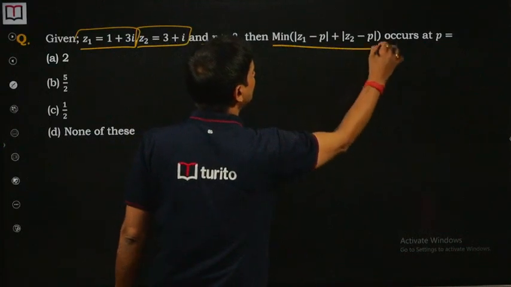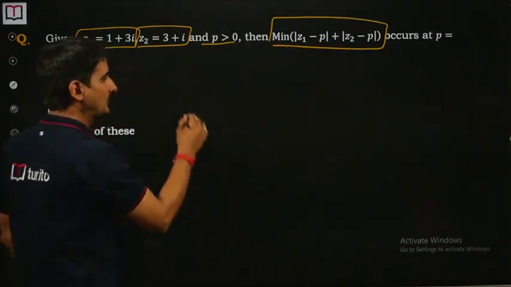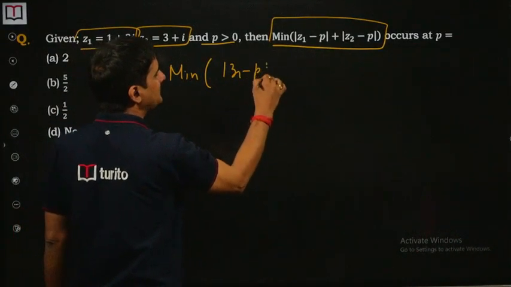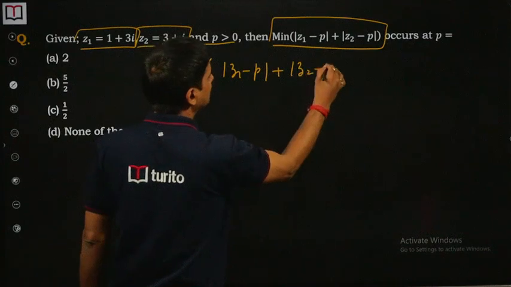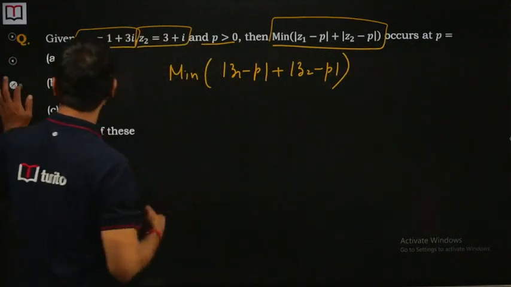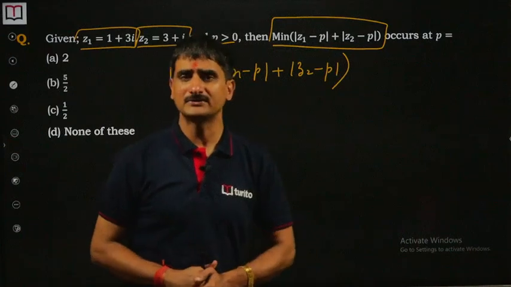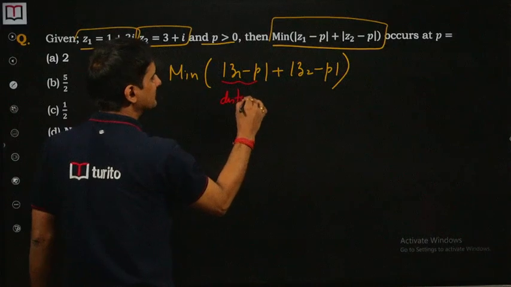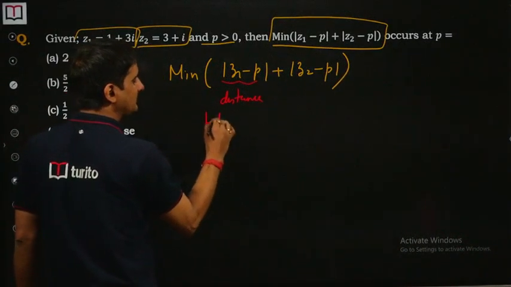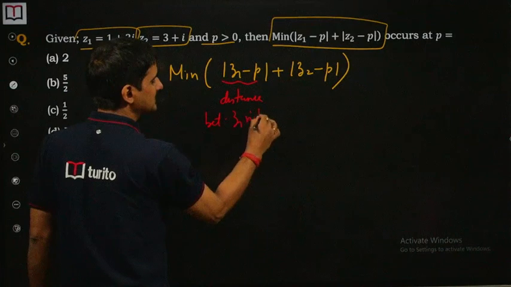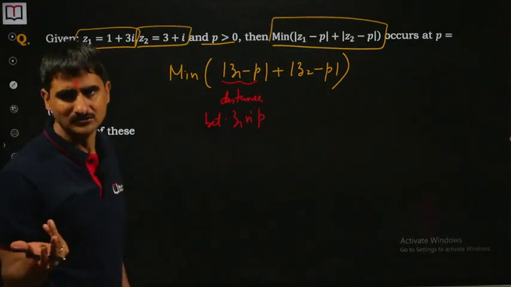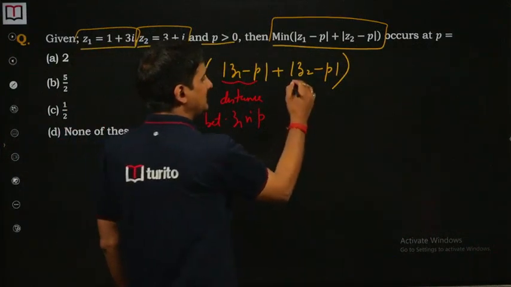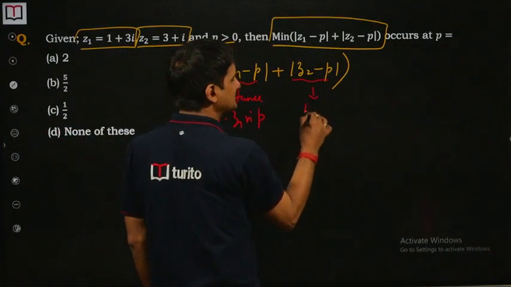Then we need the minimum of mod of Z1 minus P plus mod of Z2 minus P. From our basic understanding of the geometry of complex numbers, this is the distance between point Z1 and P. P is a real number greater than 0, so the number has to be real. And this is the distance between Z2 and P.